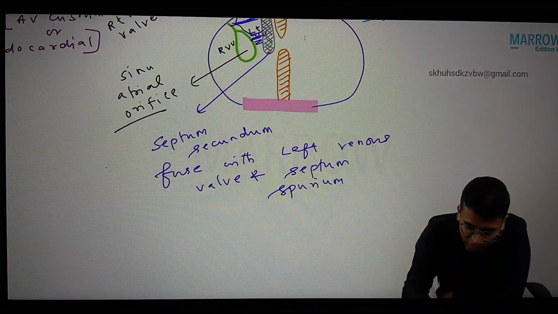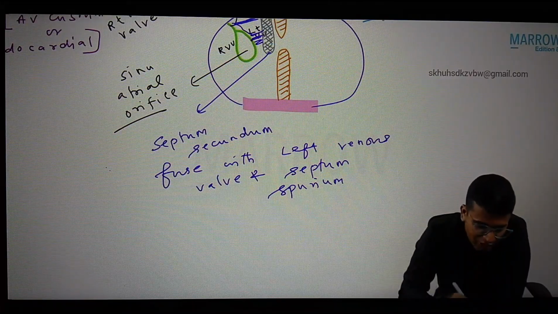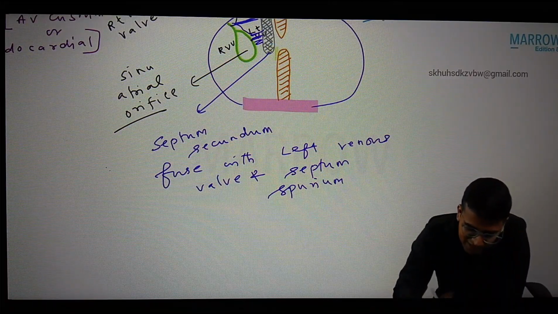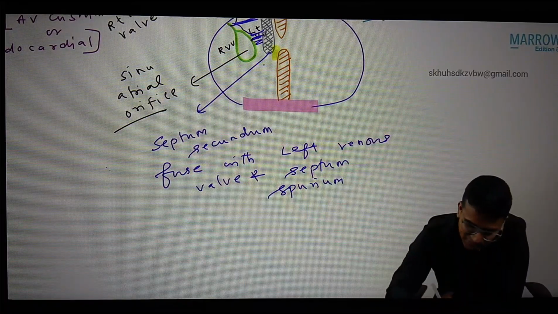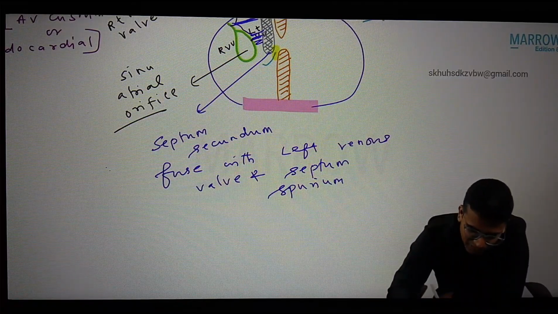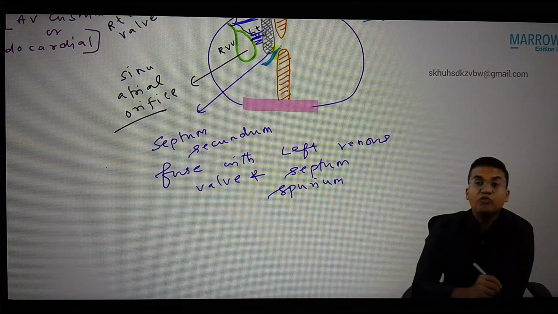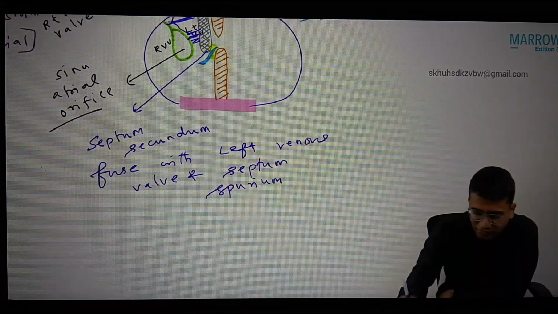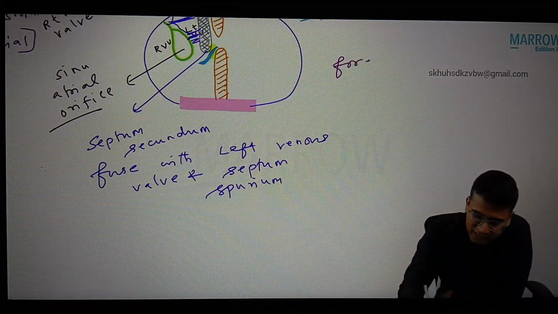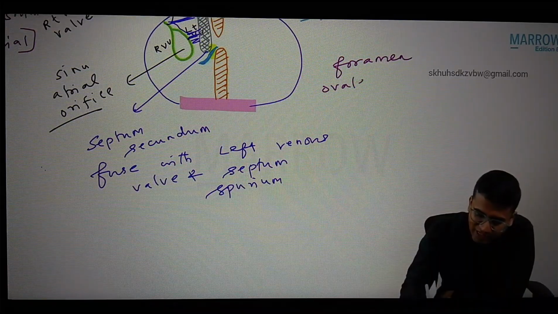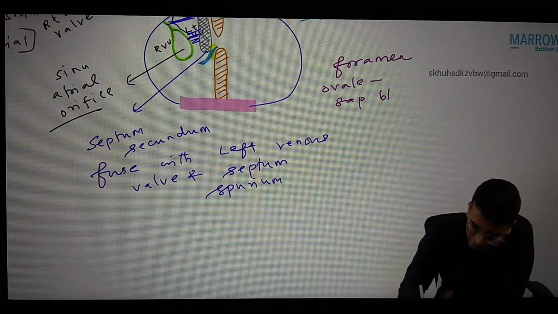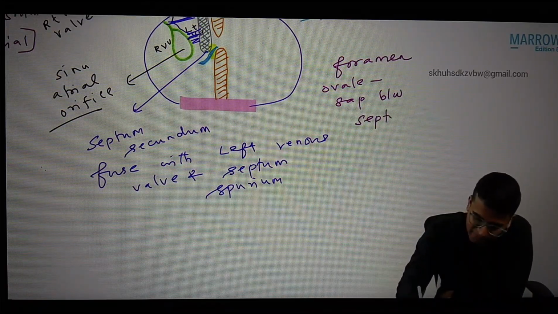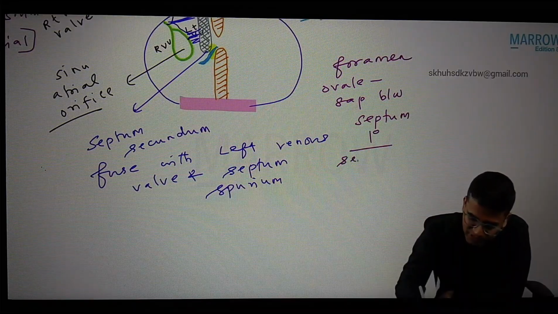Now we have one new gap between the septum primum and septum secundum. That gap is called the foramen ovale. It is a gap between septum primum and septum secundum.